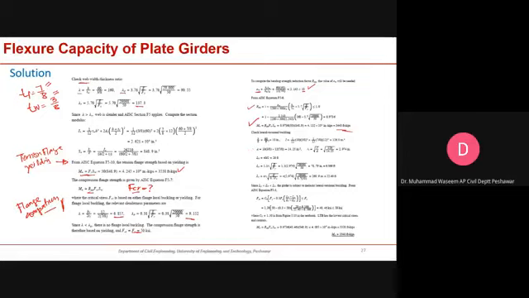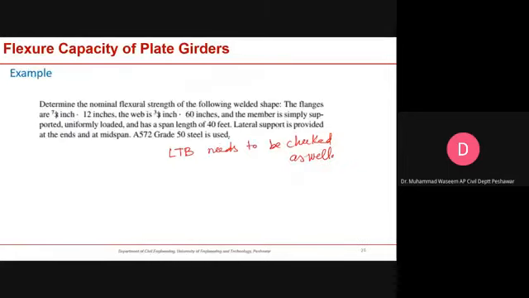So you have to check the LTB. For LTB, you need the brace length, so you have to calculate the unbraced length. In the statement, you can see the lateral support or stiffeners are provided at the ends and the mid-span. The span is 40 feet, and stiffeners are provided at the mid.